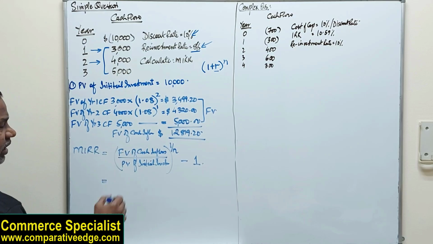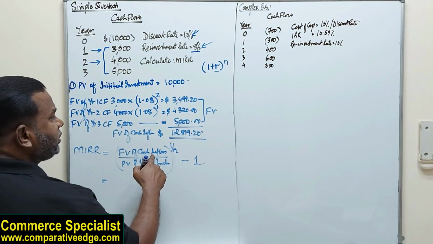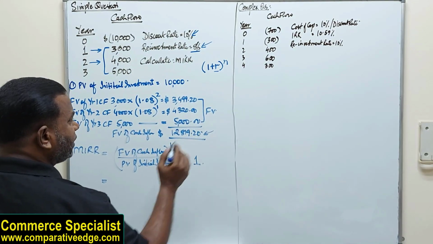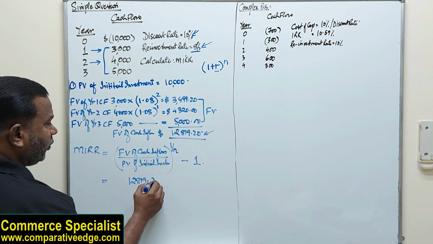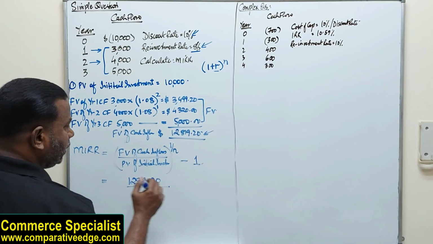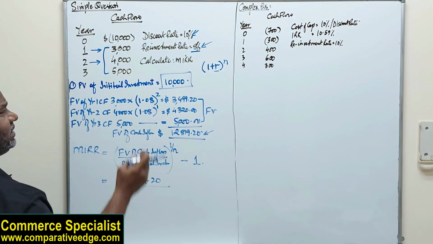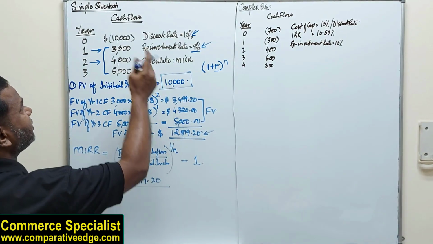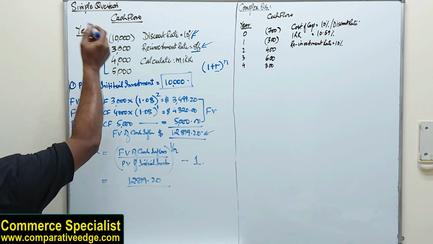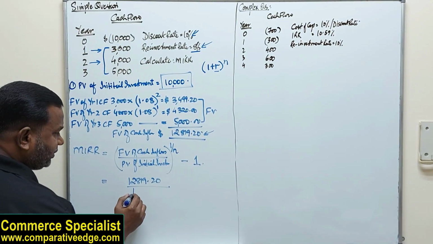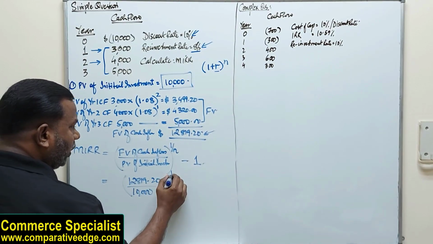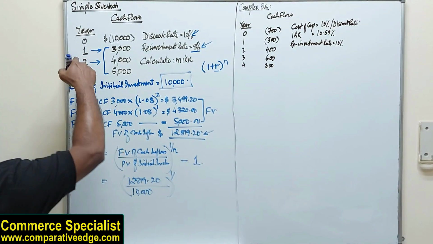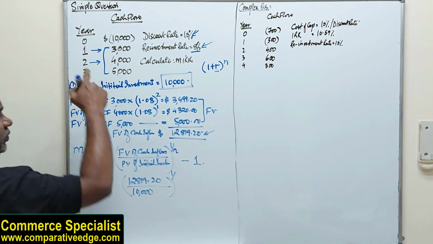So if I plug in the numbers, future value of cash inflows, which is 12,819.2. Present value of initial investment, as I said, you don't have to do anything to this because this 10,000 is in year 0, so that's the present value. So I can take this here, 10,000 to the power 1 upon n, where n is the life of the project. The life of the project spans over 3 years.